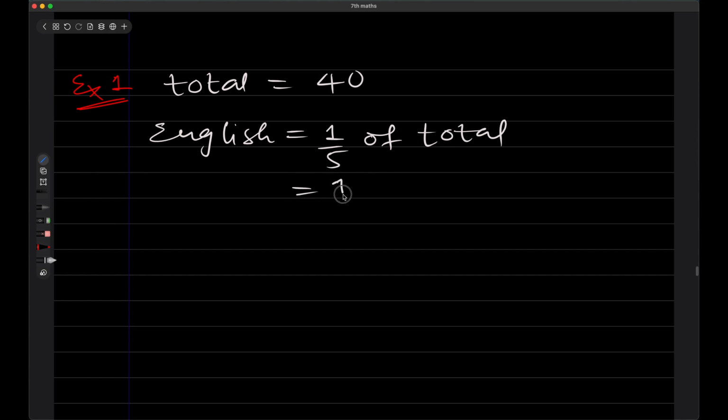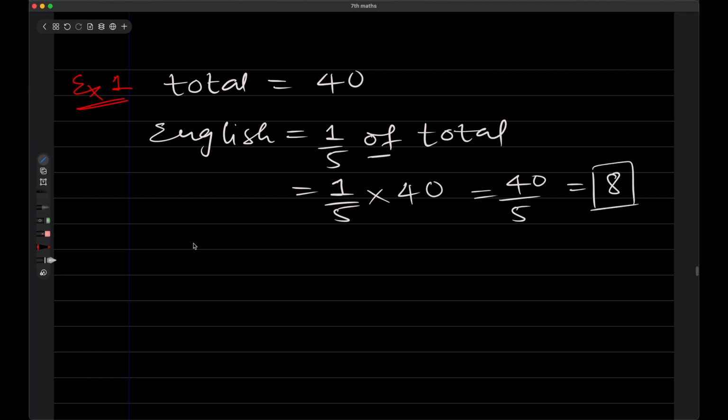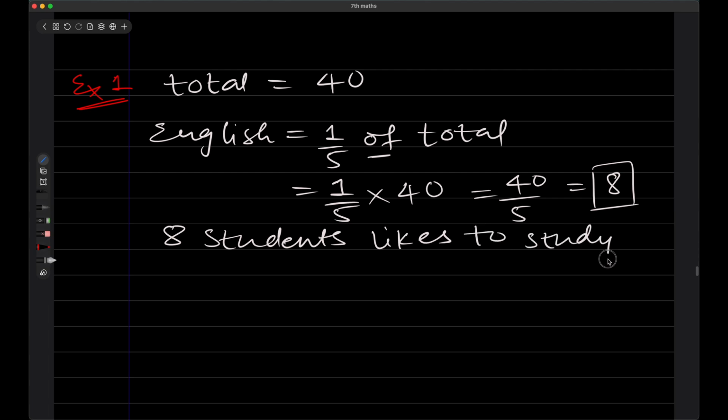Now we can replace of by the multiplication sign, and in total there are 40 students, that is equal to 40 into 1, 40/5, that is equal to 8. So 8 students like to study English.